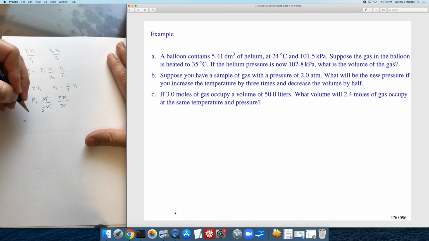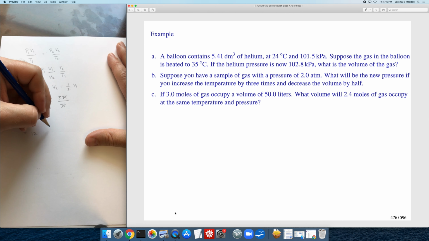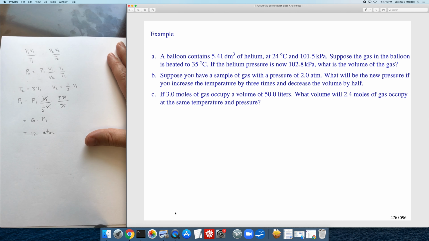And so we wind up with 6 times P1. Since P1 is 2 atmospheres, it's going to be 12 atmospheres is the answer. Okay, so this is an example where you're being asked to do the combined gas law problem symbolically, and so you want to watch out for those types of problems.